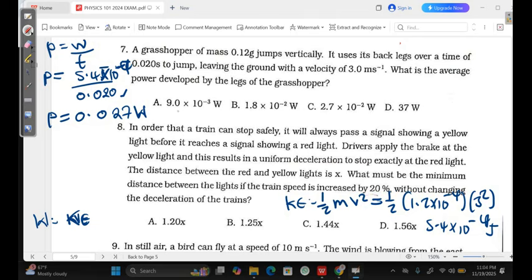Because all the answers are in scientific notation, I'll shift this by 2, meaning it is 2.5 times 10 to the power negative 2 watts. So the best option is C.